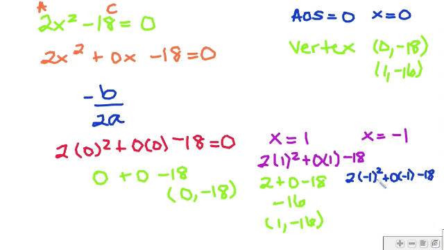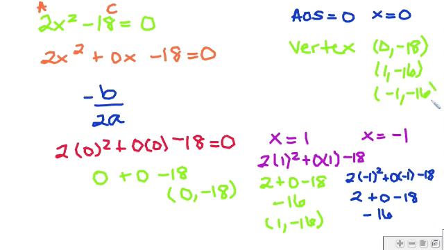Negative 1 times negative 1 is 1, times 2 is 2. 0 times negative 1 is 0, minus 18. So again, I wind up with 2 take away 18, which is going to give me negative 16. So my third dot is going to be negative 1, negative 16.